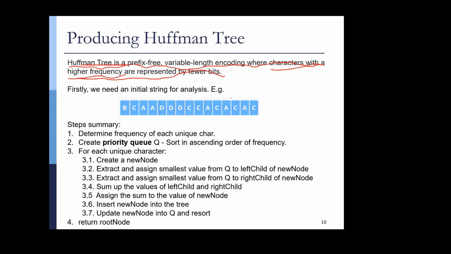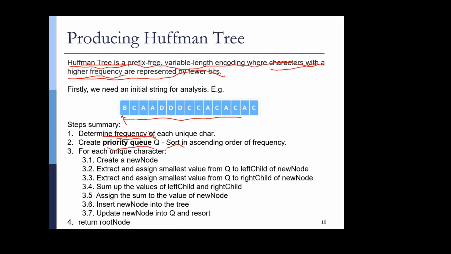First, you need the initial string. From the initial string, determine the frequency. Then from the frequency, come up with a priority queue. Sort the priority queue from less frequent to more frequent. And then for each character, one by one, in the queue, create a new node, and then decide the left node and the right node.